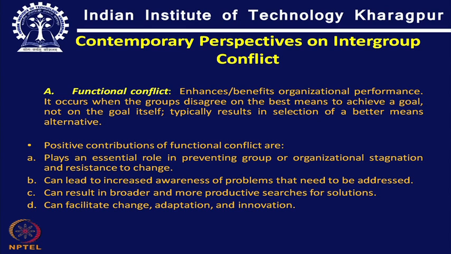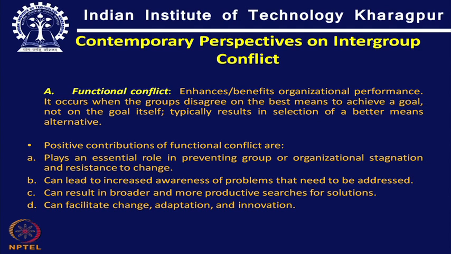It occurs when groups disagree on the best means to achieve a goal, not on the goal itself, and typically results in the selection of a better means or alternative. So the groups do not differ in the goal, but they differ in how to reach that goal. When you get different ways of reaching a particular goal, we can select among the alternatives and arrive at the best one.